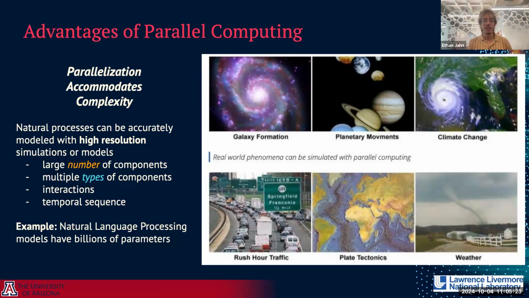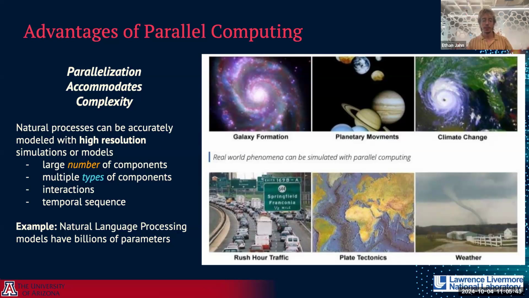Natural processes can be modeled with higher resolution simulations or models. Having more components, more types of interactions, and evolving these systems in a temporal sequence is often what's done in systems like galaxy formation, climate modeling, or plate tectonics.